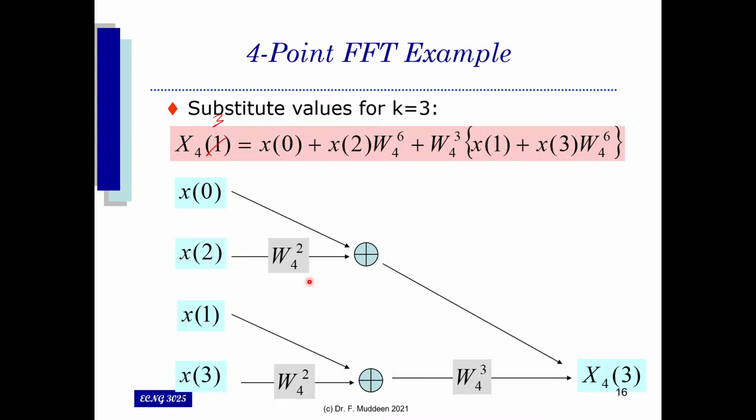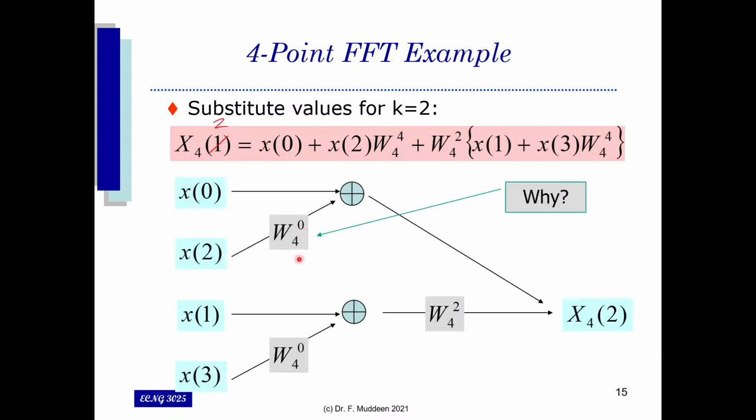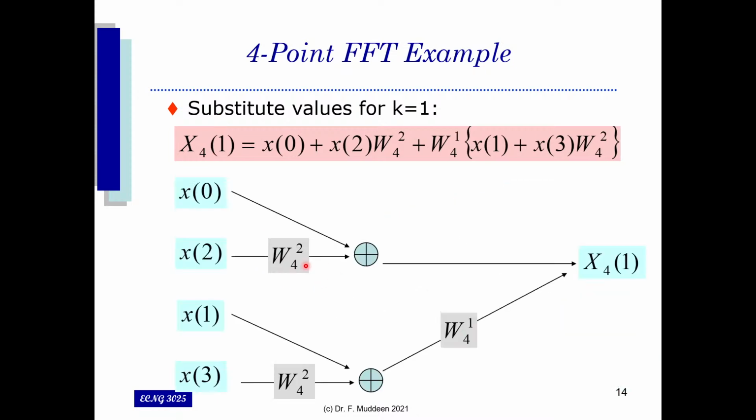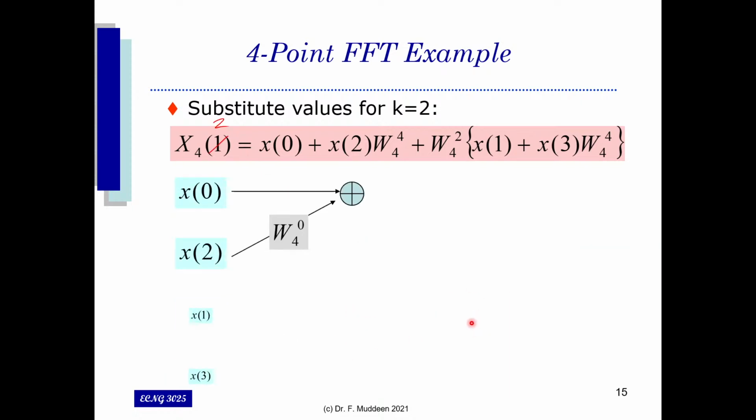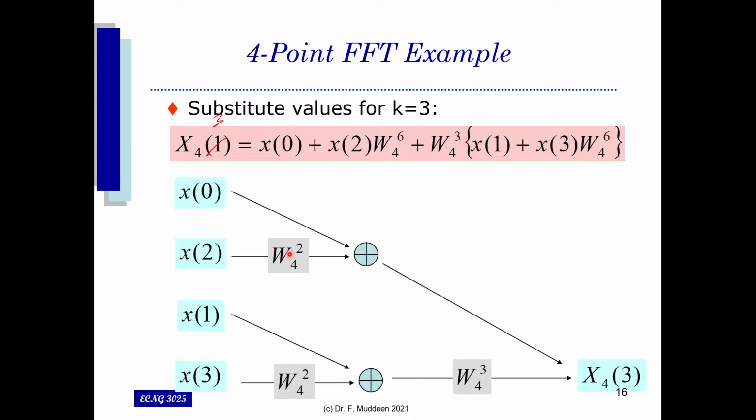And we can see some sort of pattern emerges if we start observing each one of these in particular. So watch here for X4 of 1: we have a W4 of 2 here and a W4 of 2 here, and the direction of the arrows gives us an indicator of how the calculations go. And if we watch here for X4 of 3, we have that same W4 of 2 here and W4 of 2 here.